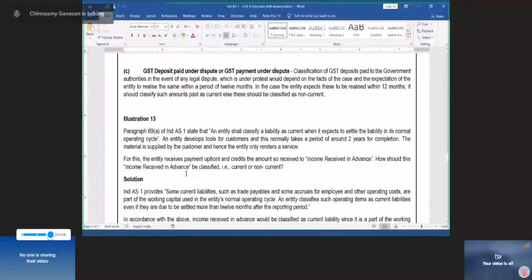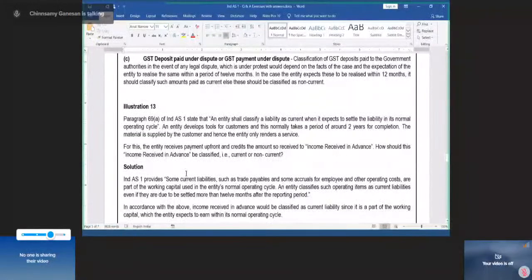Income received in advance. For example, you have received income in advance from the customer, assuming that you are giving an annual maintenance contract. That is your service industry. You are a service industry and you collected an annual maintenance contract for 3 years, for which an upfront amount has been collected. What to do with that amount which has been received in advance?